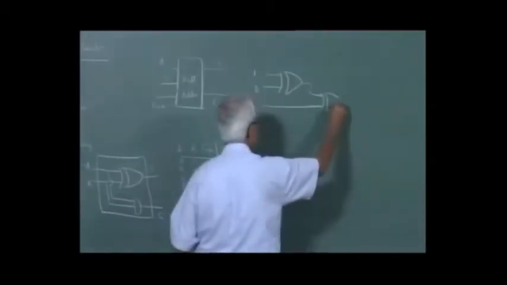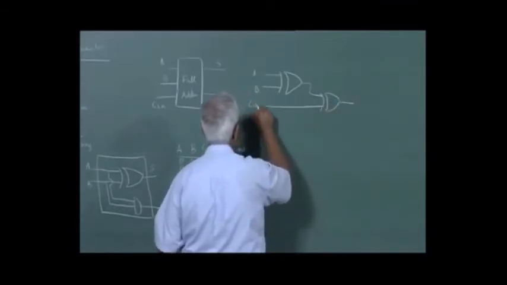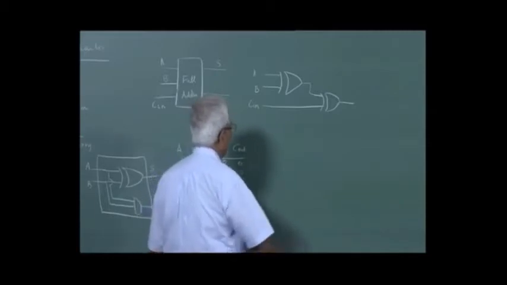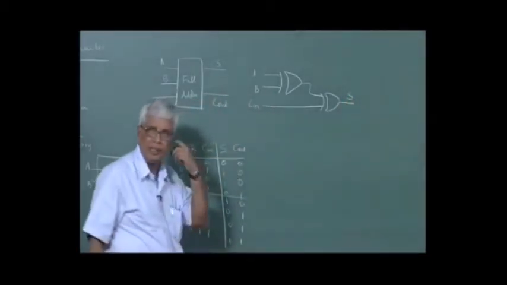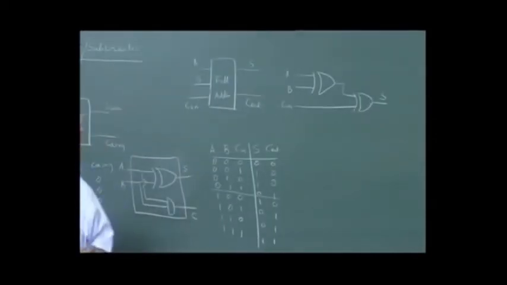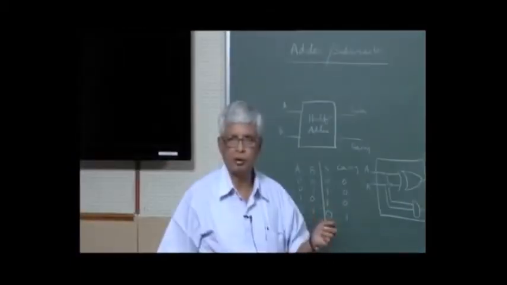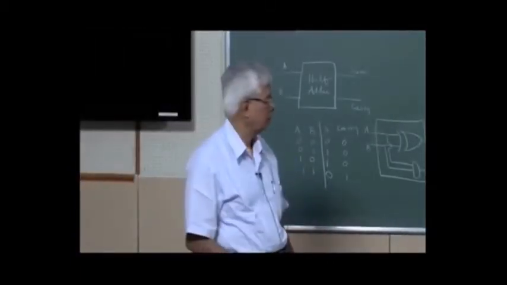But the carry has to be taken into account, so I need one more exclusive OR whose input is carry in. So the output is sum. So sum of A, B and C in of a full adder is A exclusive OR B exclusive OR C in, or 2 exclusive OR gates.